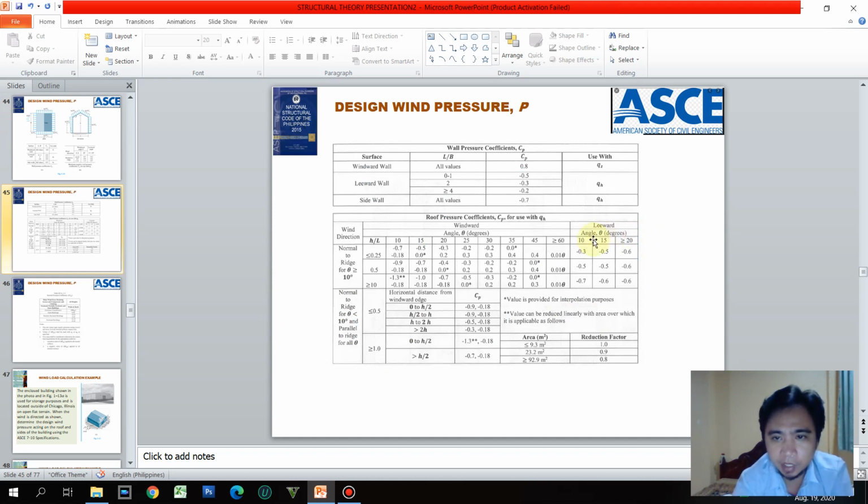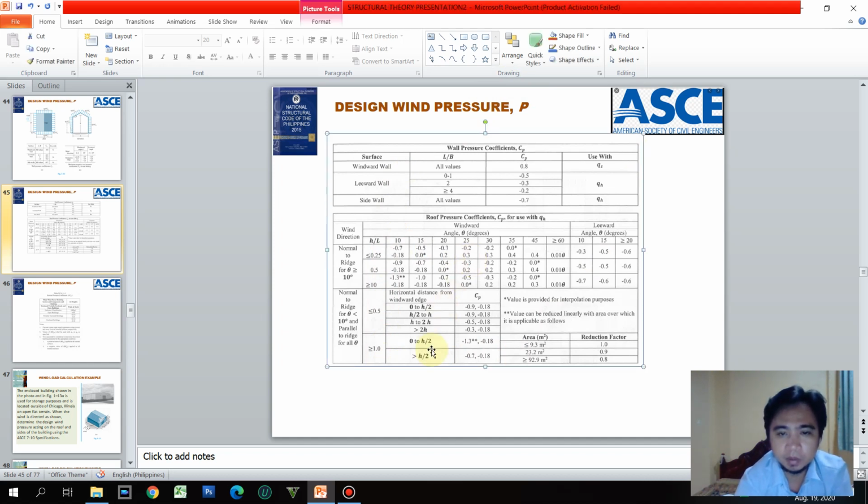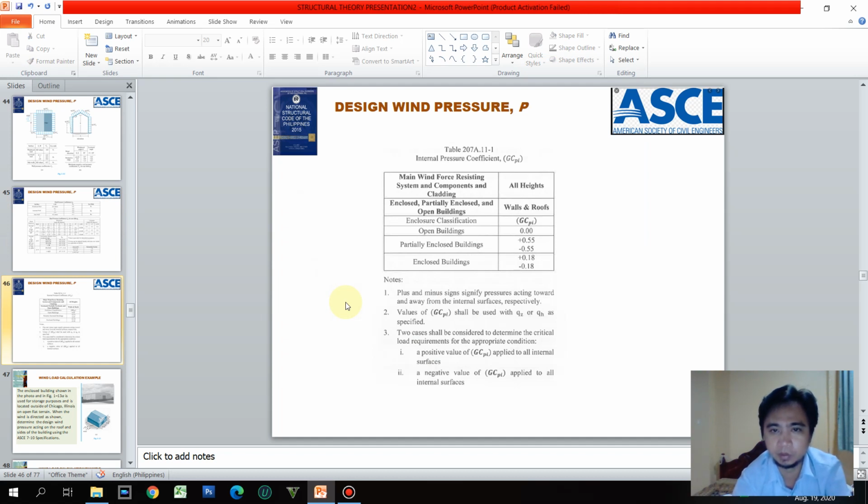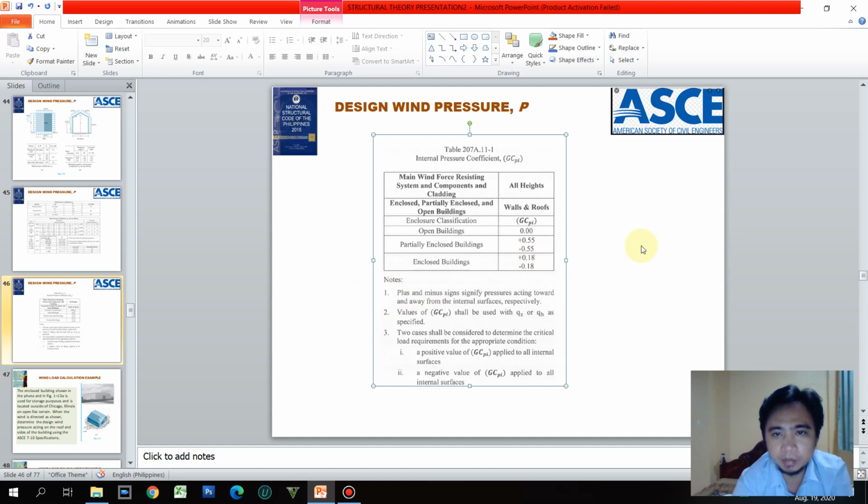So here we have a lot of angles, and H over L. This is the table that is found in NSCP, the National Structural Code of the Philippines. Another table is the GCPI. For GCPI, totally enclosed building is plus or minus 0.18, and among others we have the GCPI.